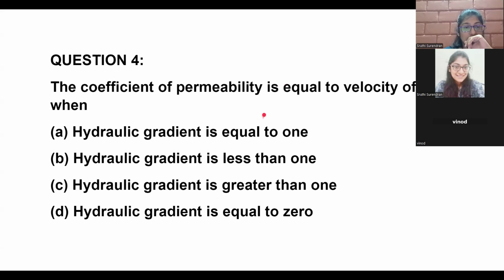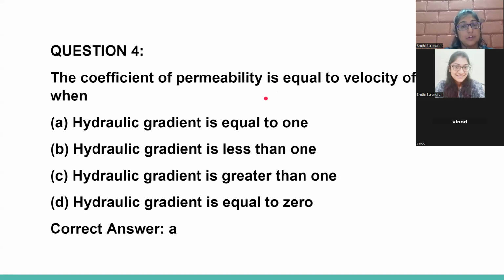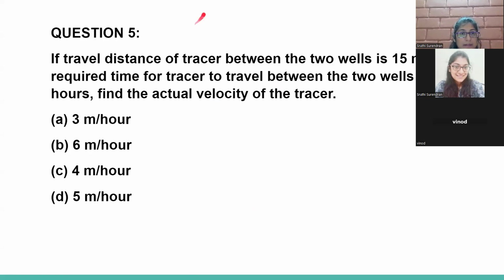So we had earlier seen that the coefficient of permeability can also be defined as the velocity of flow through a porous media under unit hydraulic gradient, which means the hydraulic gradient is equal to 1. So the correct answer is option A. If the travel distance of a tracer between two wells is 15 meters and the required time for the tracer to travel between these two wells is 3 hours, what is the actual velocity of the tracer?